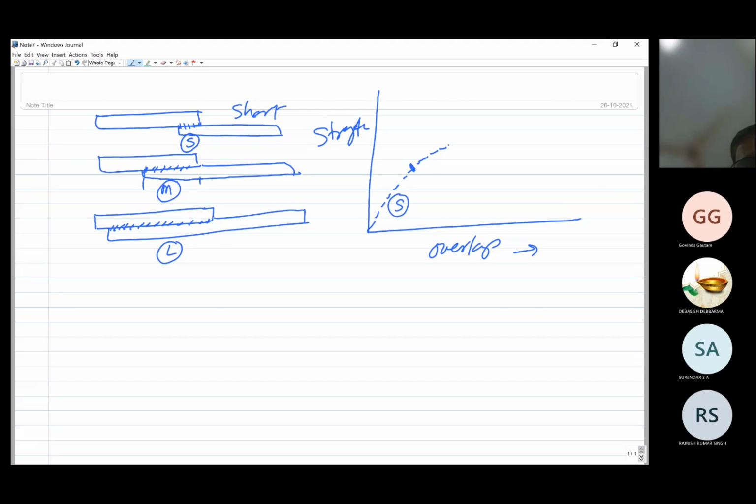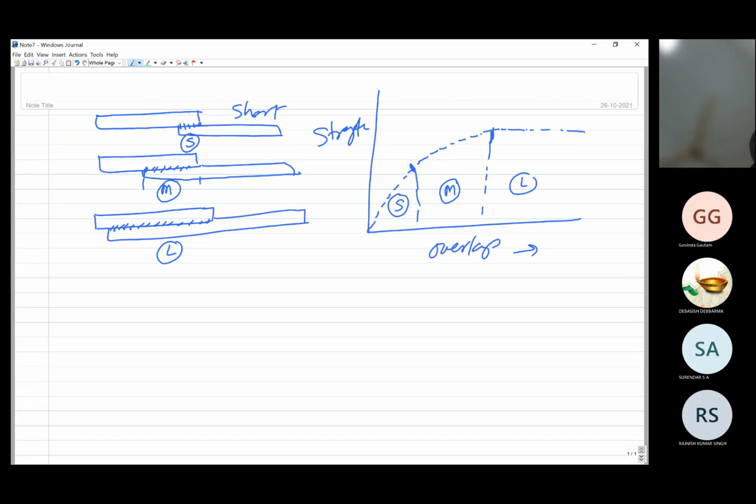Thereafter, the increase in strength happens at a decreasing rate, and then it becomes almost constant. So S, then the transition zone with medium overlap length, and then the large overlap length zone: S, M and L.